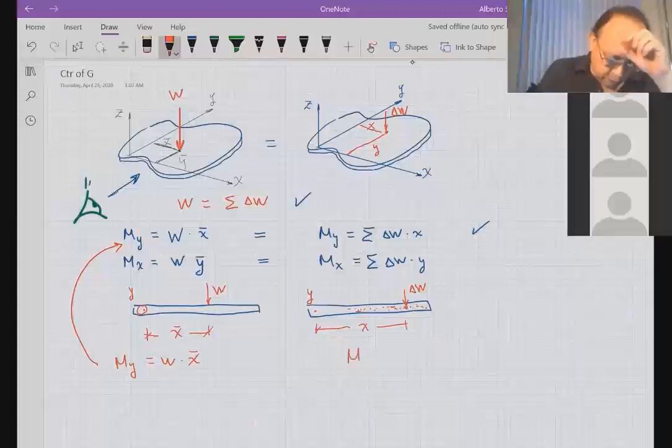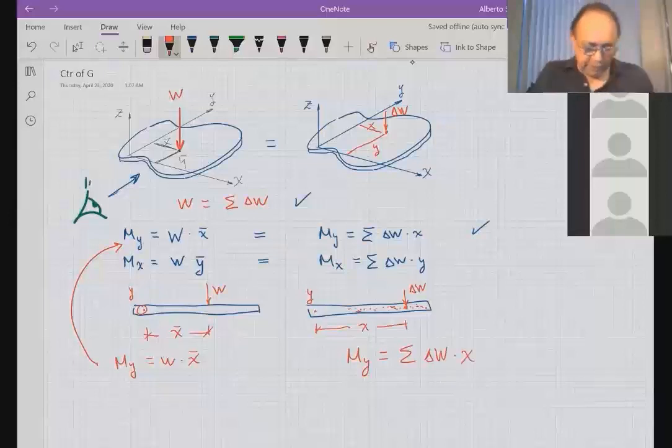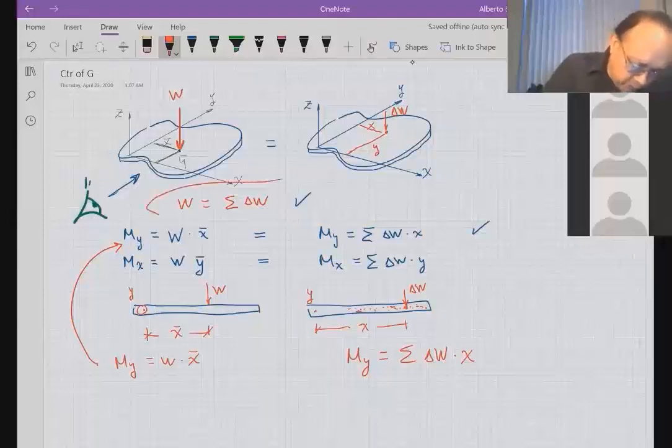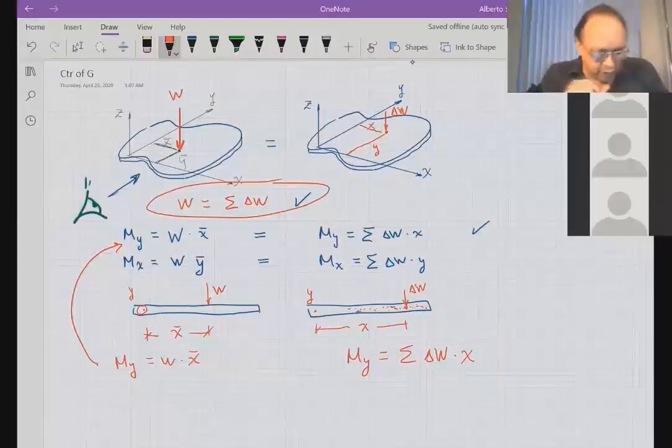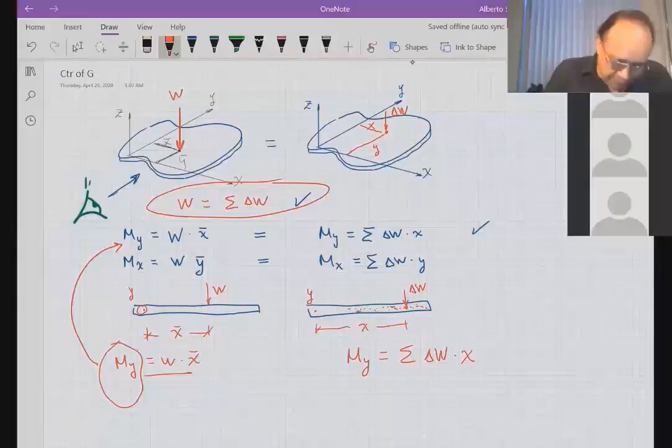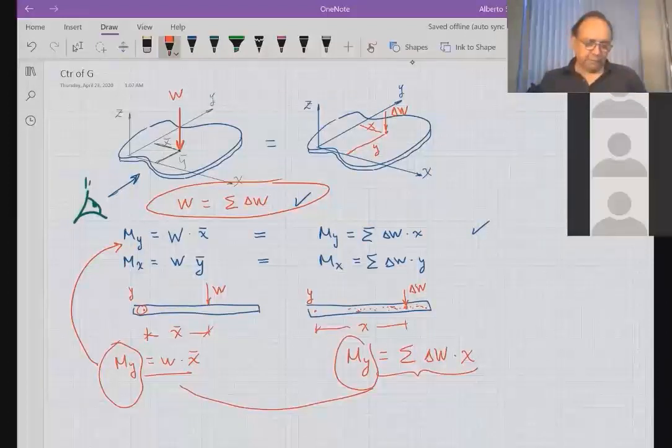The total moment will be the summation of the moments of all those little weights multiplied by the lever arms X. So what we need in order to locate the center of gravity is to meet this condition first, that the weight is the summation of all the little weights that make up the total plate, and that this moment with respect to the y-axis is equal to the same moment that is produced by the components of the plate.